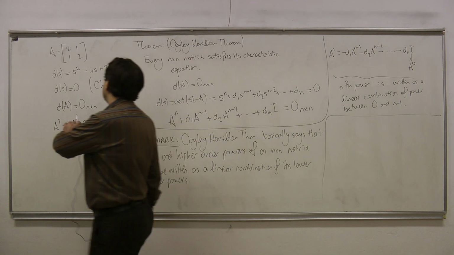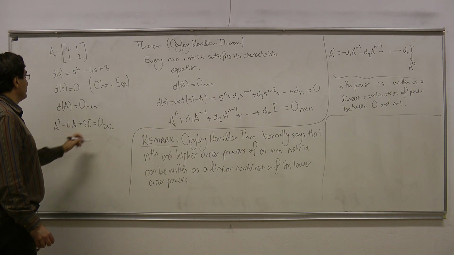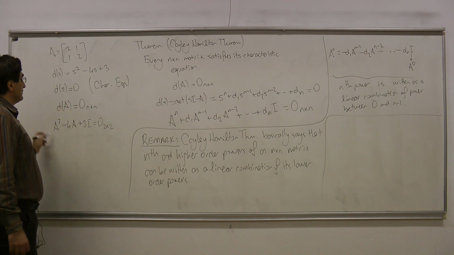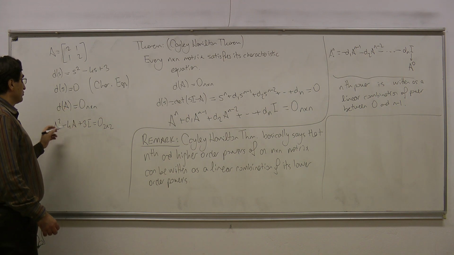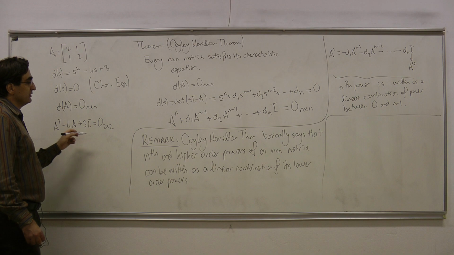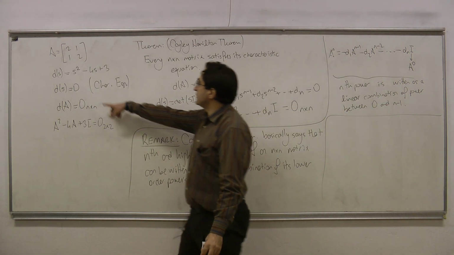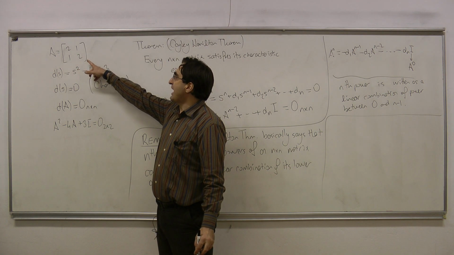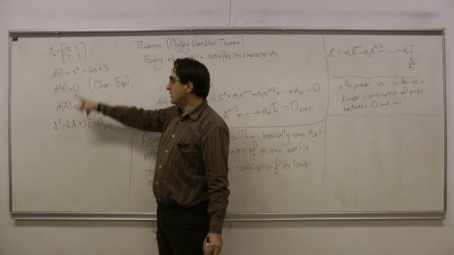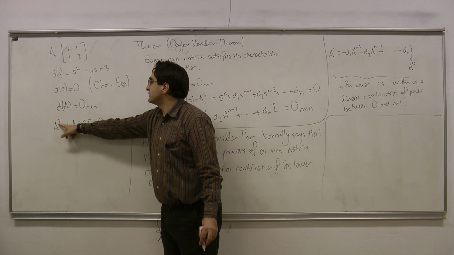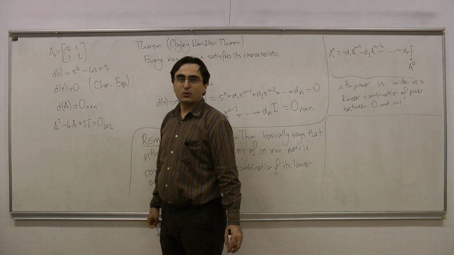So I will come back to here. I have shown you that this is really satisfied. So by using this equation, I can write the following. In this earlier example, n is equal to 2. So A has size 2 by 2. Here the characteristic polynomial has order 2.